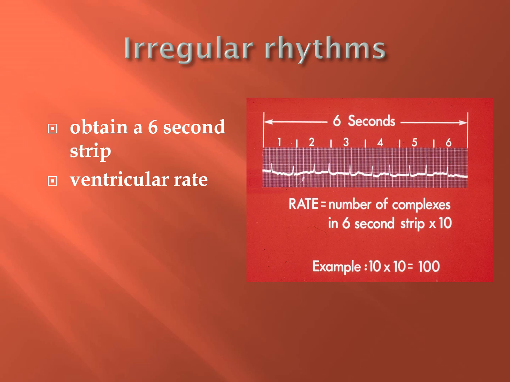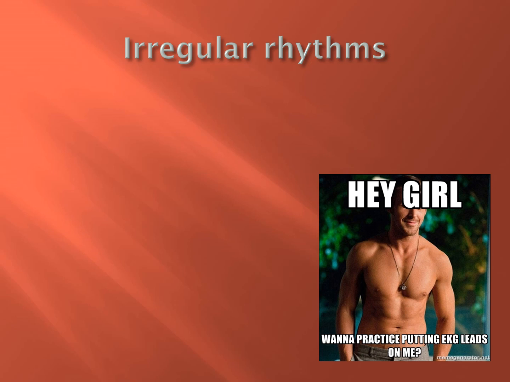Now their ventricular rate is 100, which is still within limits. If it's irregular, you cannot count the boxes. You need a 6-second strip.